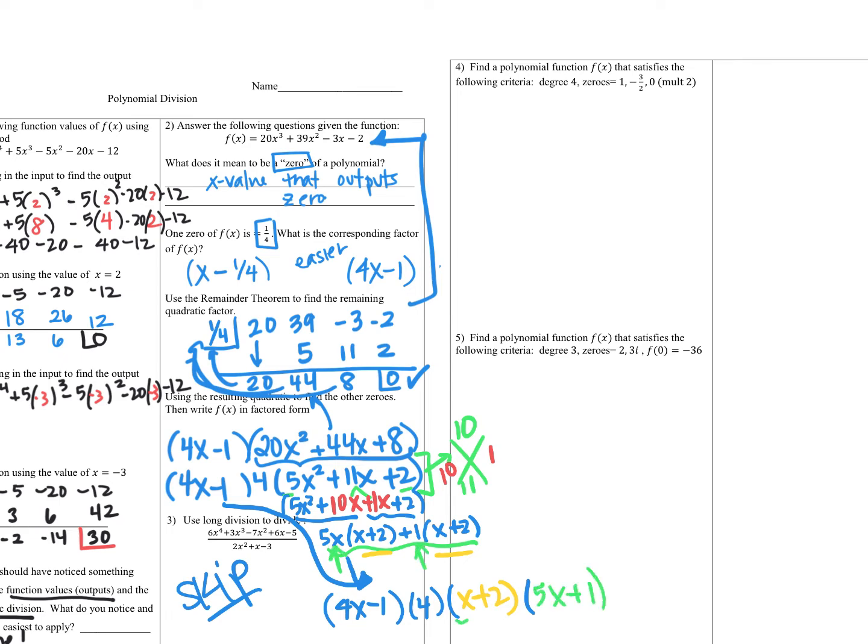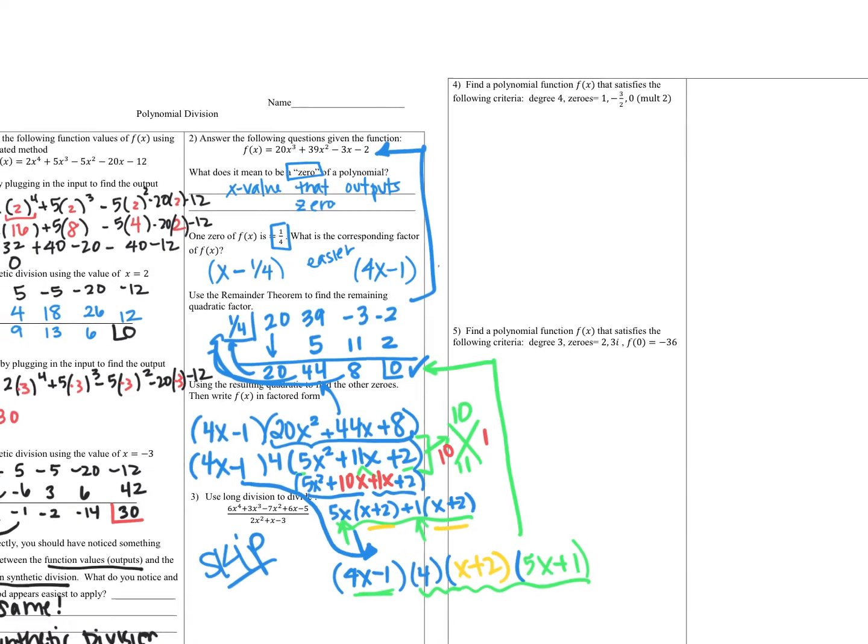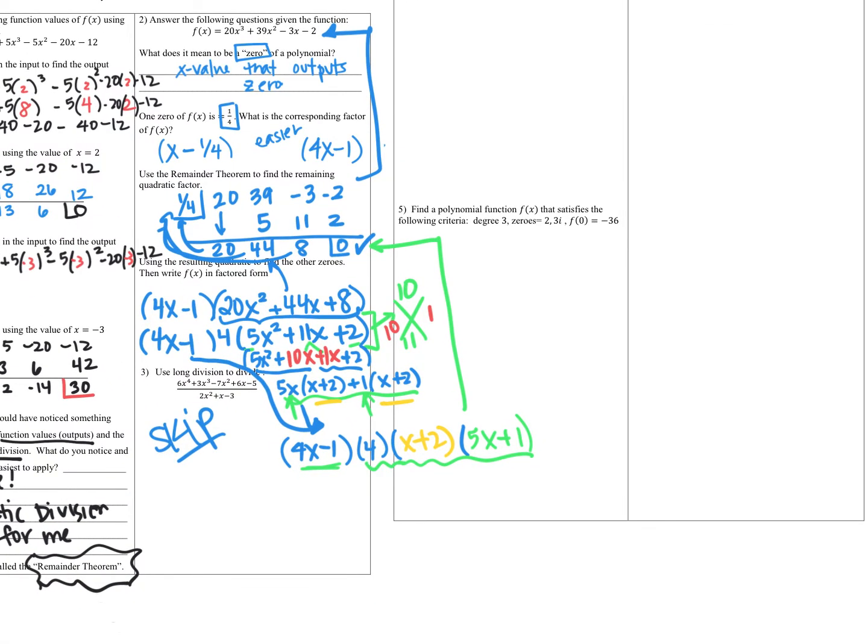Okay, so this was what that polynomial that we got out of our synthetic division factored to, and then I just wrote my other factor right there as well. Okay, so that's totally factored. We can write the 4 in the front if you think that will look better.